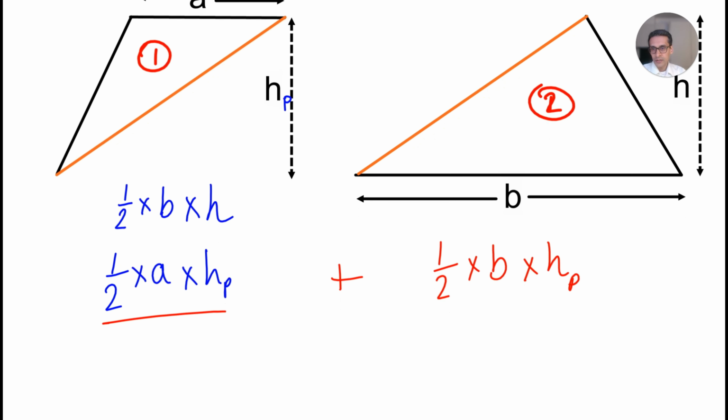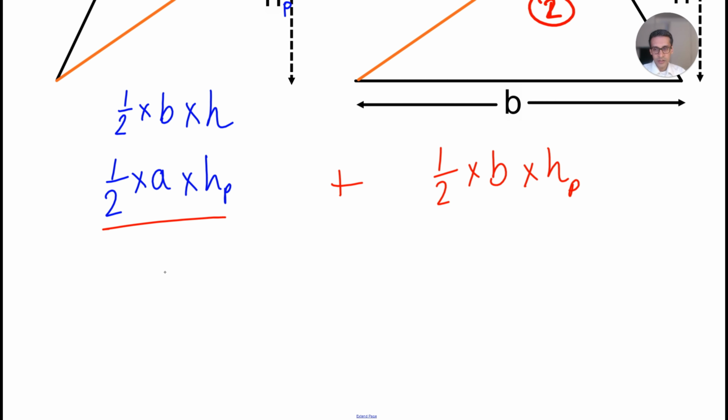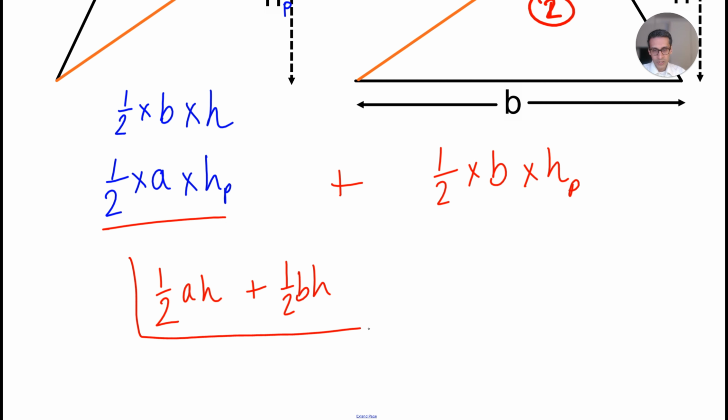So if we write this in a slightly nicer way, half AH plus half BH, we can actually factorize half and h out. So if you think about bus stop division, we can actually do that here, and we can take half h out, and we're left with a plus b.